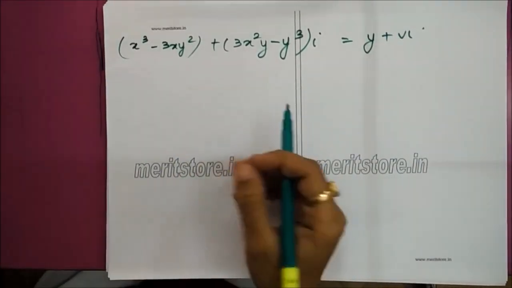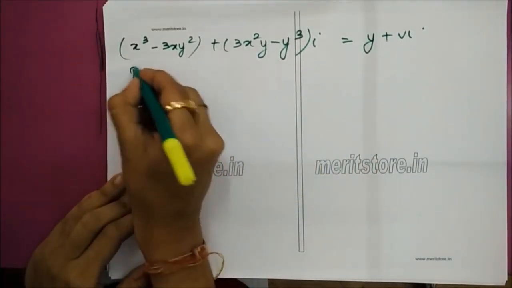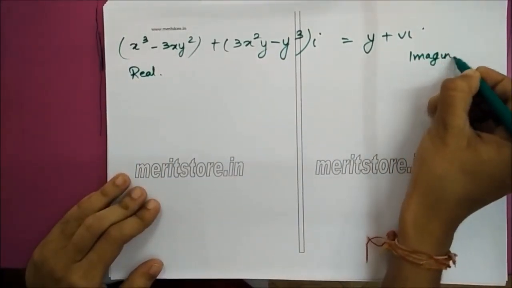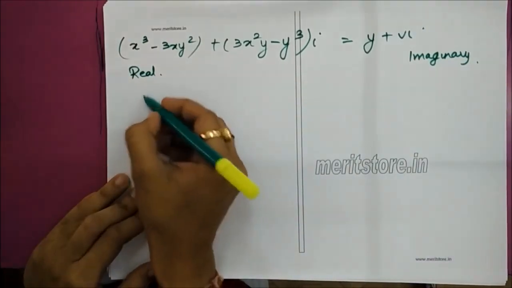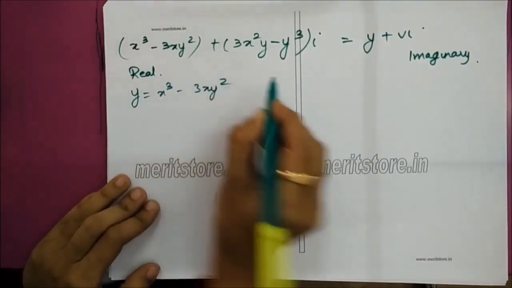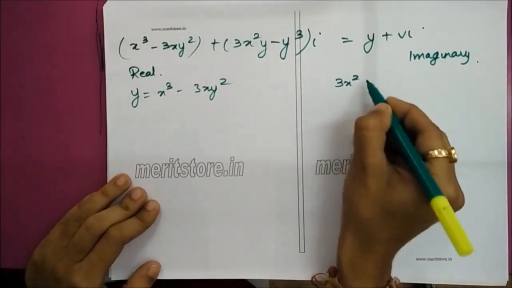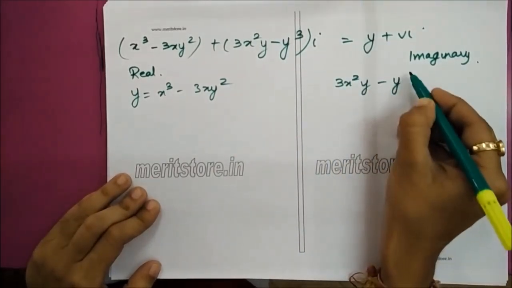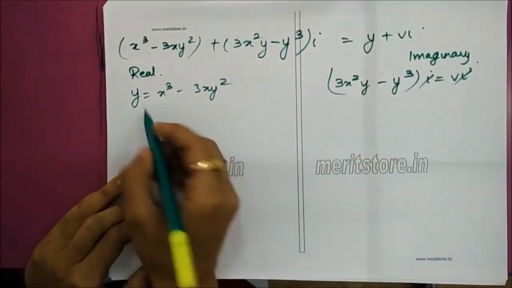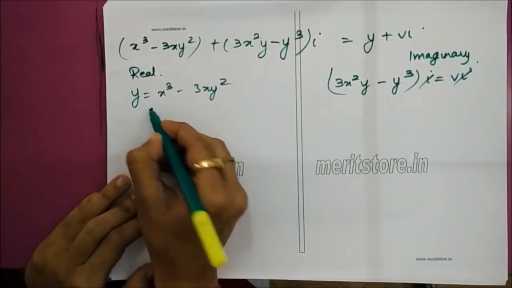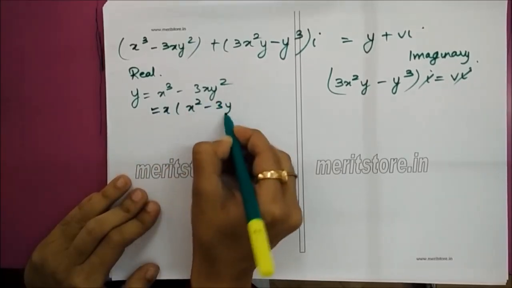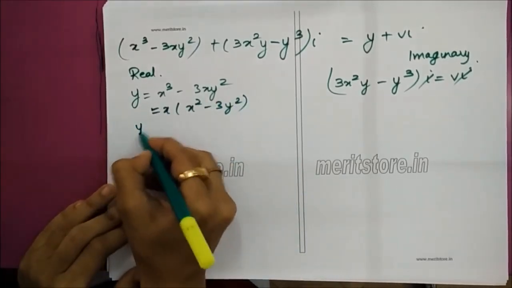So splitting both the equations and taking real part together and imaginary part together. Here you get a is equal to x³ − 3xy². On the other side, 3x²y − y³, i is equal to bi. I gets cancelled.